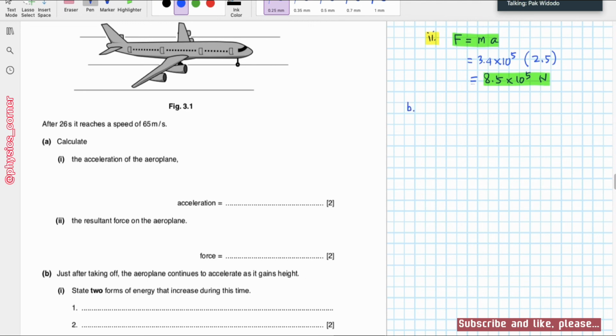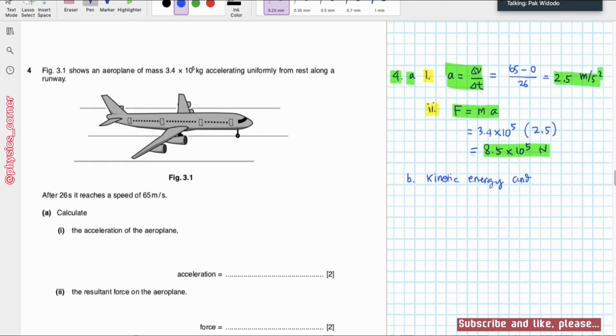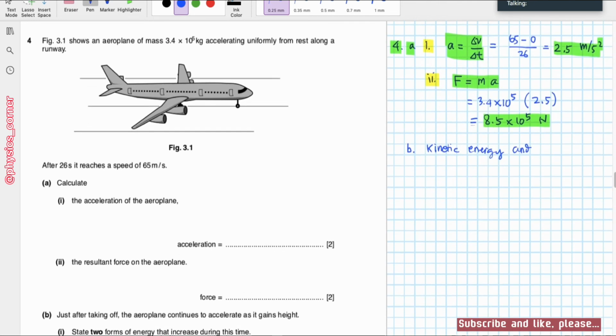Kinetic energy. Kinetic energy and what else? Two forms of energy increasing. Potential energy. Why potential energy? Because they have height. Yeah. Okay.